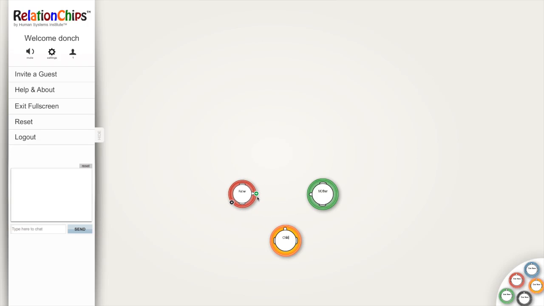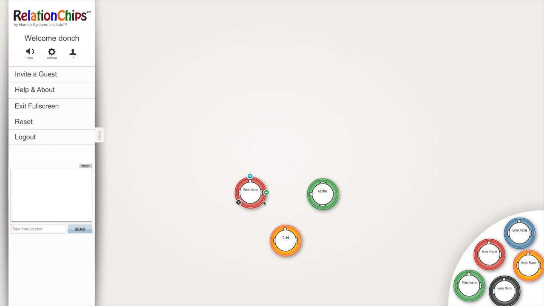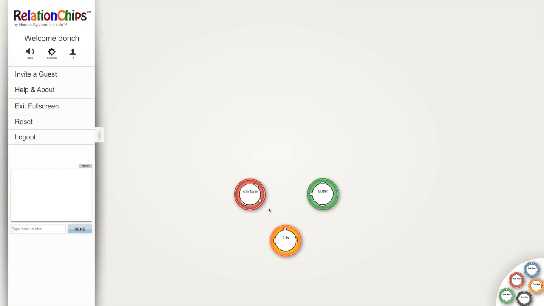I've got this too close. I'm going to bring him back out. If you were to have the father and the mother, and you were to see a scenario where mom and dad are standing pretty close and they are looking at their child, that looks like a pretty functional relationship.